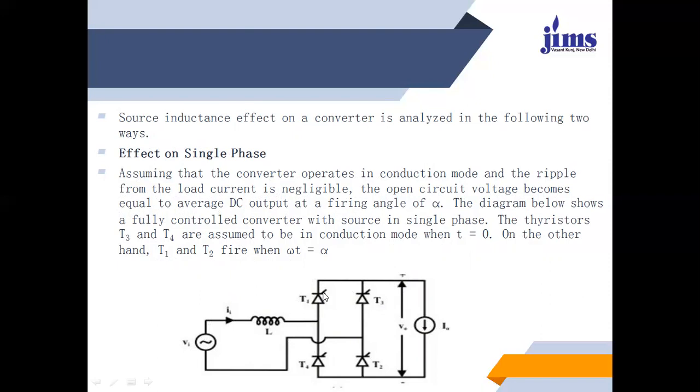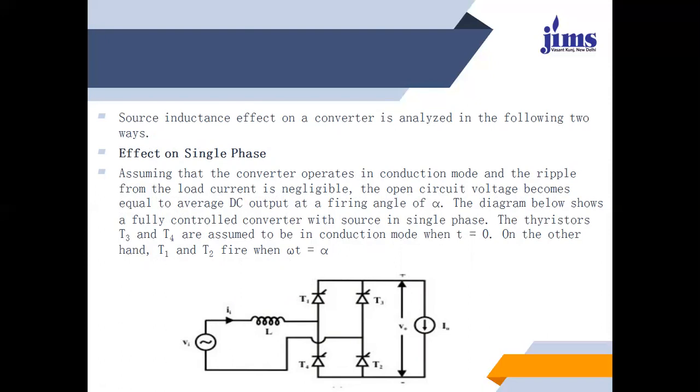We deliver the supply through the SCRs to the load. We measure the current to see what the impact of the source inductance will be. So in place of a load, we place a current source on this side.